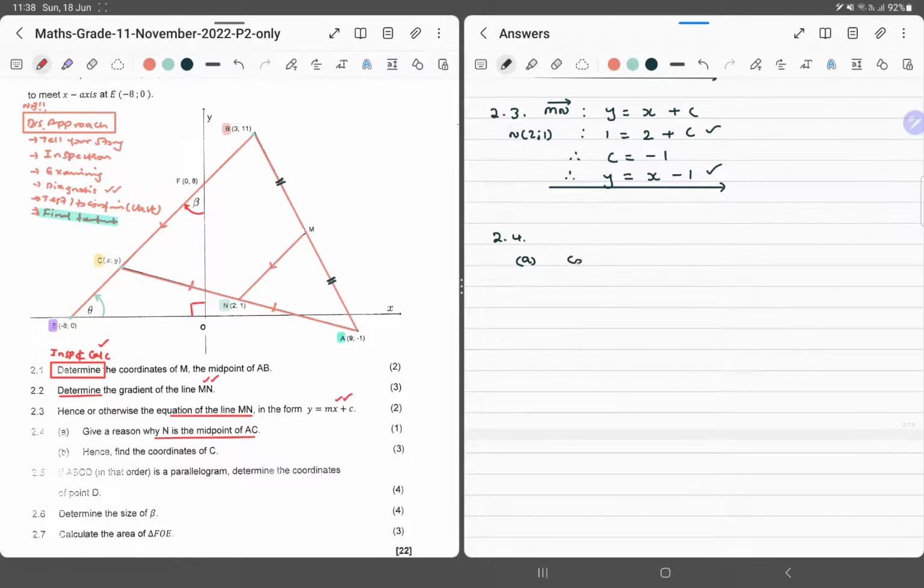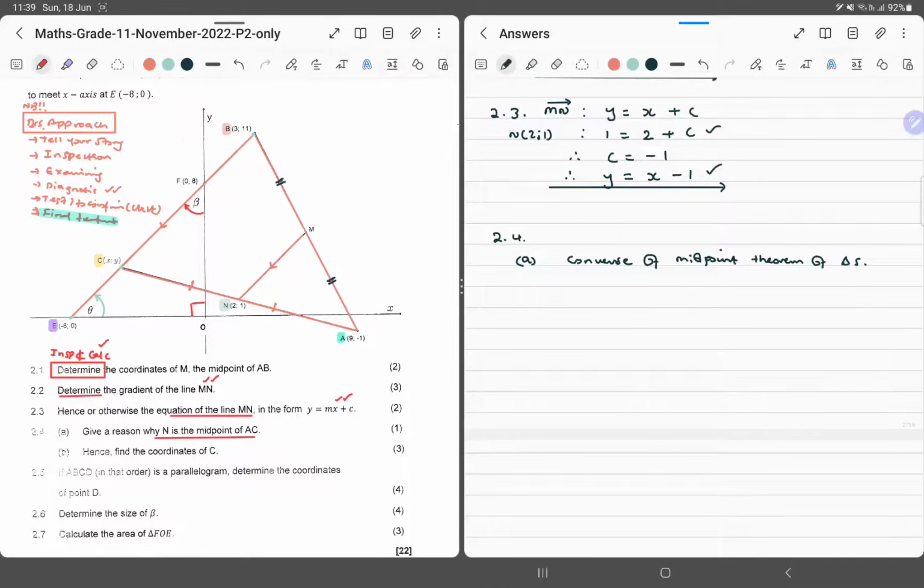So we can just say it's the converse of the midpoint theorem of triangles. Because like we said in the midpoint theorem, if a line cuts two sides of a triangle in equal halves, that line is going to be parallel to the third side and half of the value of that third side.